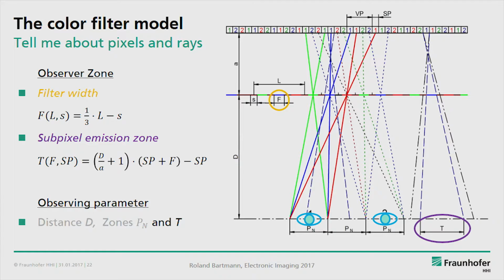This is caused by the width of the subpixels, and it's an important parameter because we like to have a good separation of the views here, 1 and 2, and this is here, for instance, the T parameter.